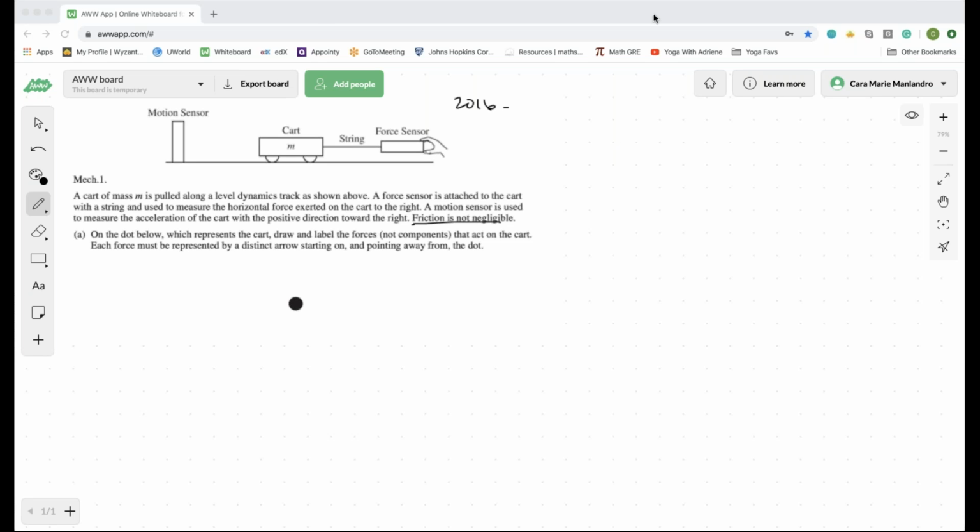We have to be quantitative about it, meaning that the longer the arrow, the greater the force. So we should have mg as the force of gravity, and we should have a normal force.